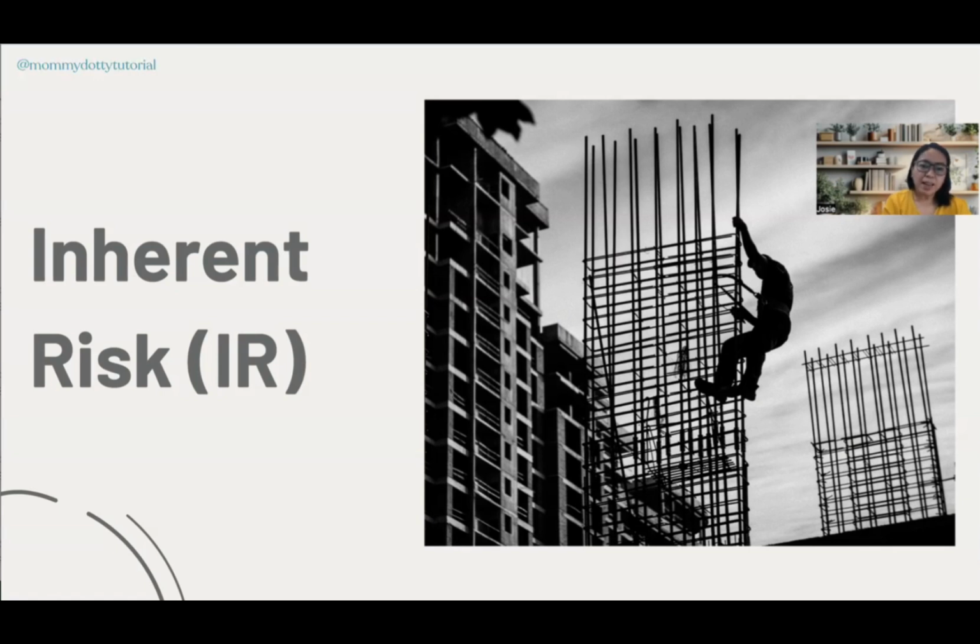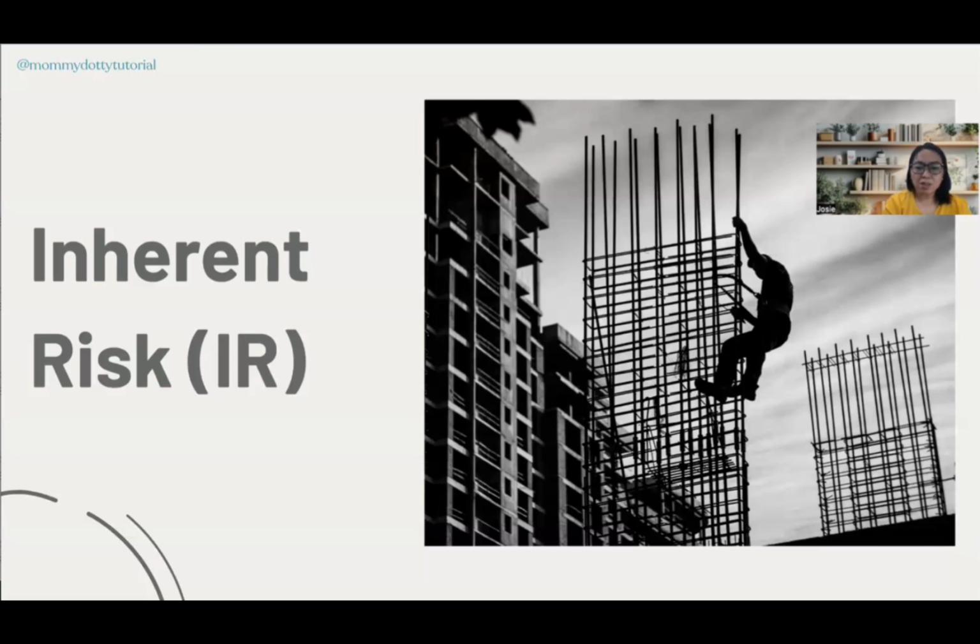Pwedeng nilalagyan niya ng alambre yung bakal, I think for the foundation, para they can stay together and matibay. That's just what I thought. But we all know that this job is dangerous and he could fall. So in this line of work, the danger or risk of falling is already inherent to the nature of the work. That's why you call it inherent, because it's already in the nature of the job of this guy. The risk of falling is already inherent.